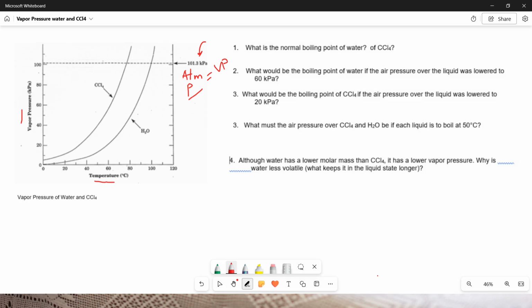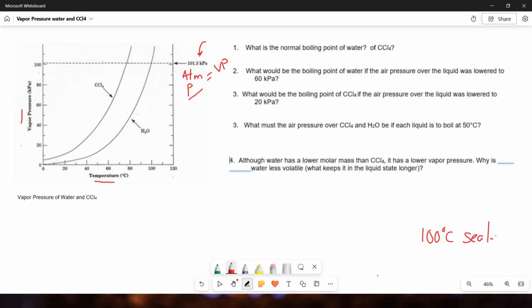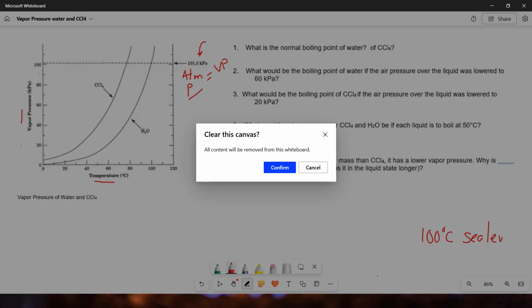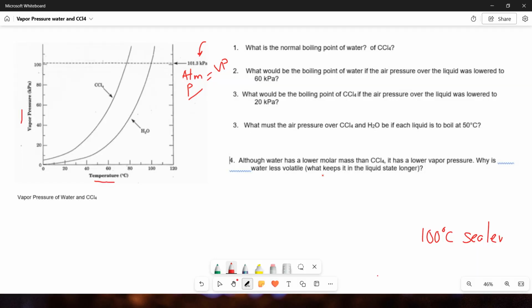So if you're at sea level, we know that the boiling point of water is 100 degrees Celsius. But if we travel up in altitude, so for example, let's go to the top of a very tall mountain, and we boil water there.